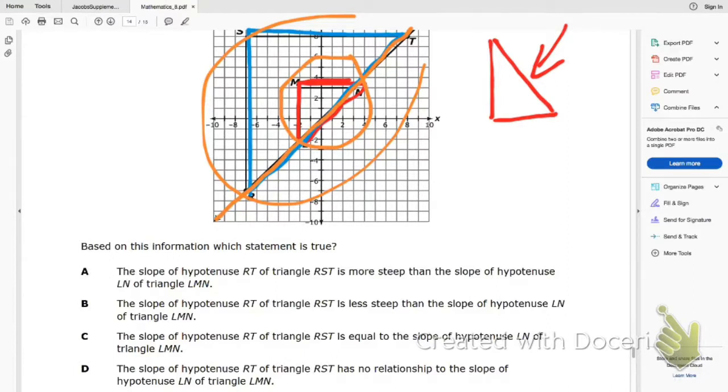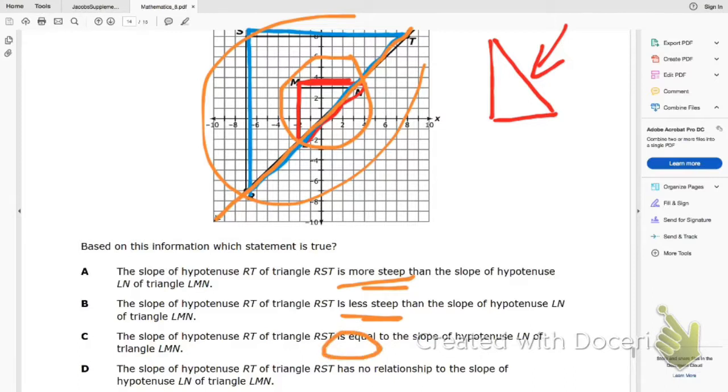Well, let's look at it. One of the answers says it's more steep. The reason why it's not more steep is because they're the same. The next one says it's less steep. The reason why it's not less steep is because the steepness of the lines is the same. So the answer has to be equal to.